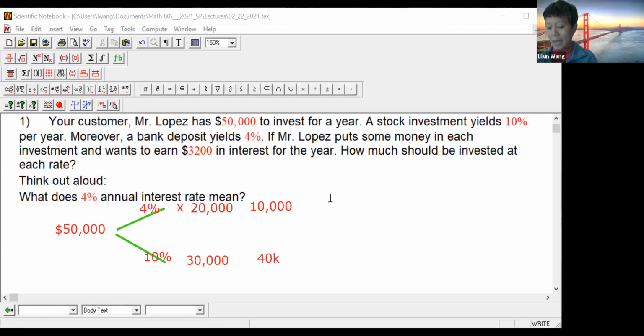But what if I put X dollars in the 4%? How much will be left for the other one? Can you come up with a formula for it?